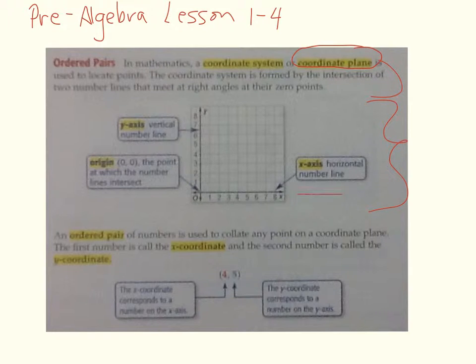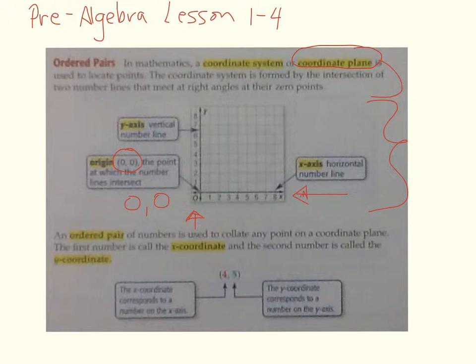Remember, you've got the x-axis, which is always going to be your horizontal line, your y-axis, which is always going to be your vertical line, and then remember that 0-0 is the origin.